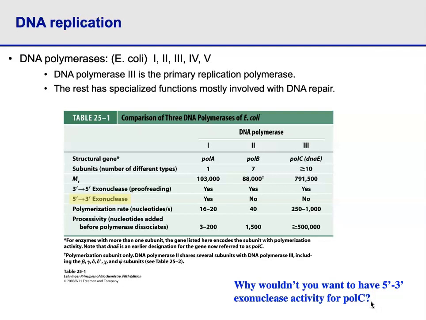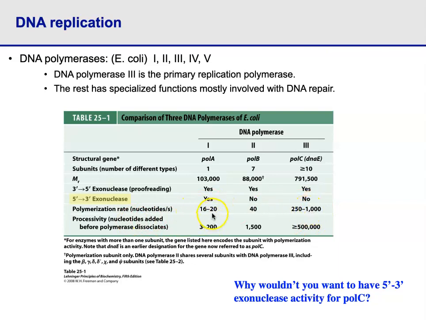It's going to plow through, and by the time it realizes what it's doing, you're going to have one or a few thousand nucleotides being removed. In other words, it's not an efficient process. We're going to just waste a lot of energy to simply synthesize and then degrade it because of a 5' to 3' exonuclease activity. For that reason, this is my speculation of course, it makes sense, Pol3 does not have 5' to 3' exonuclease activity.